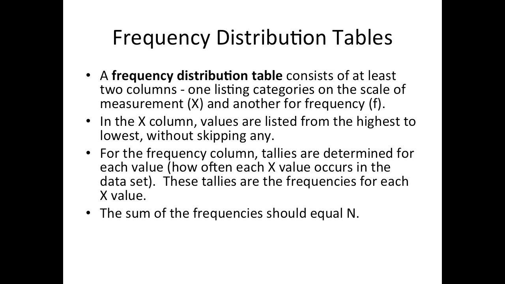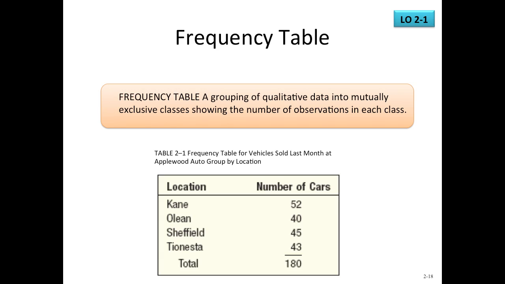To find the total number of observations, you add all of the frequencies to get your N, capital N. So here is a frequency table for qualitative data, where you have mutually exclusive categories, meaning that somebody can't be grouped into 2 different categories. That's what mutually exclusive means.